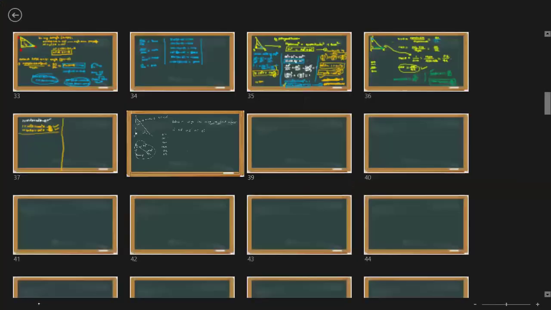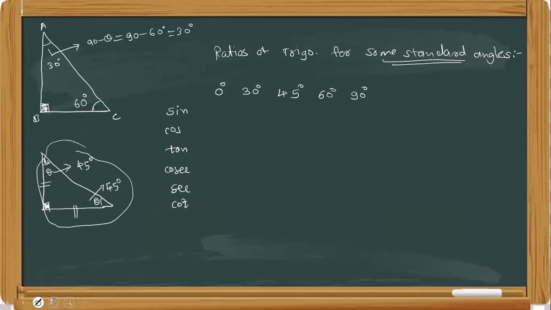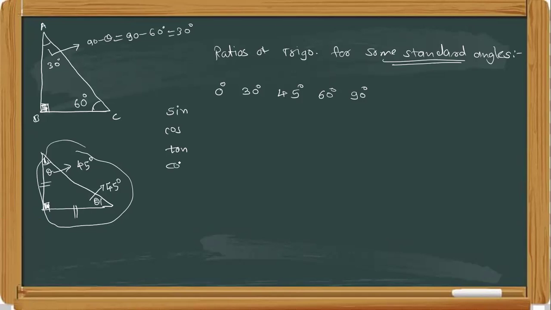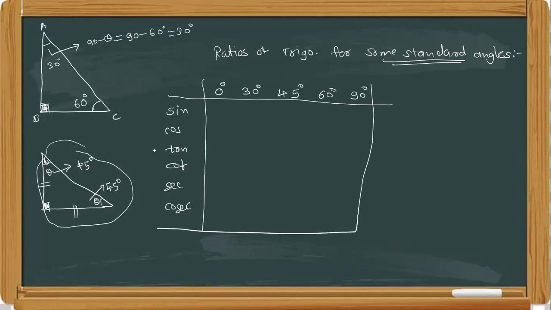Or you can write tan, cot, sec, cosec. That way also you can write it down. Okay. Now I just wanted to know what are the values of trigonometric ratios of the standard angles.